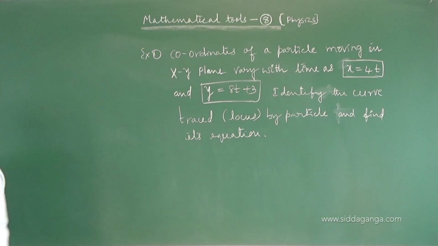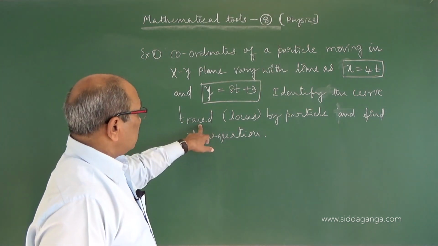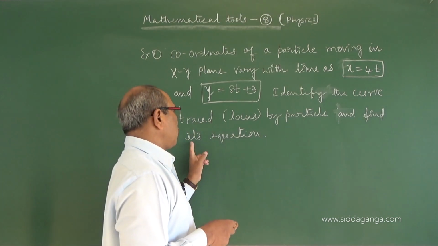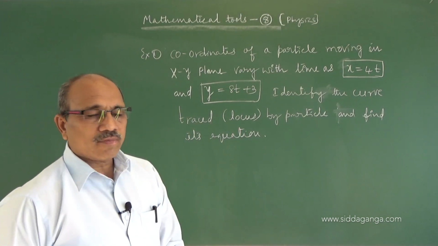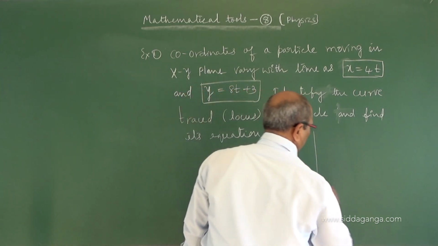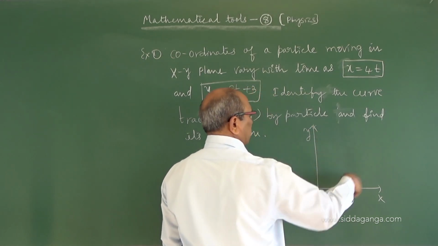You have to identify the curve traced, meaning the shape of the curve, and also find its equation. So a particle is moving in the xy plane. The particle is in motion in this plane.